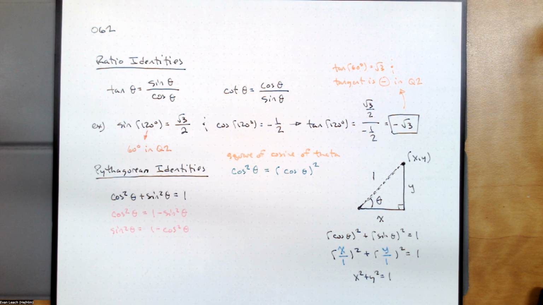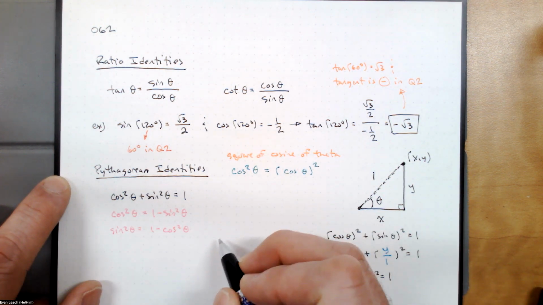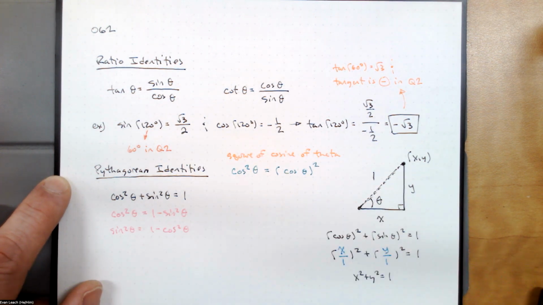Here's another way that we can rewrite this identity.